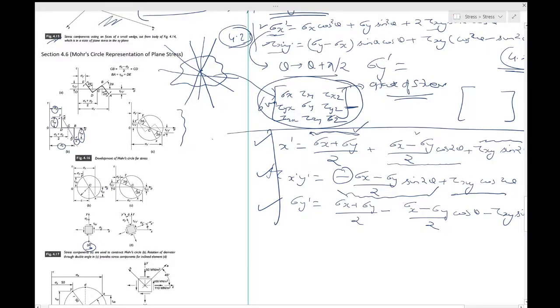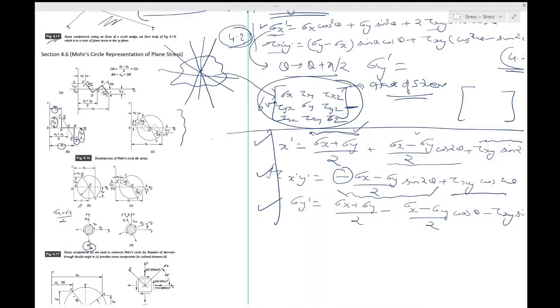You have two lines and you want to find where they intersect. That point is C, and the abscissa of C is sigma x plus sigma y by 2. So for tau equal to 0, you should be able to find it very clearly.